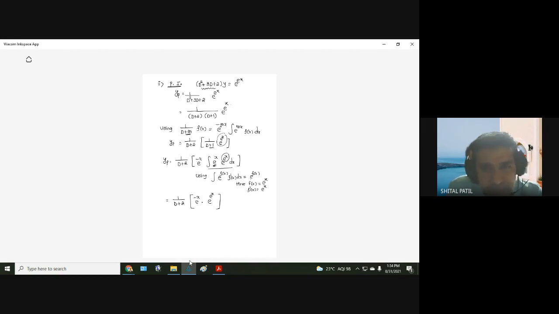Whereas if we operate D plus 2, we might have got e raised to 2x here, and the integration would become a bit difficult. I am not saying it was not possible, the integral is possible, but it would be a bit difficult.